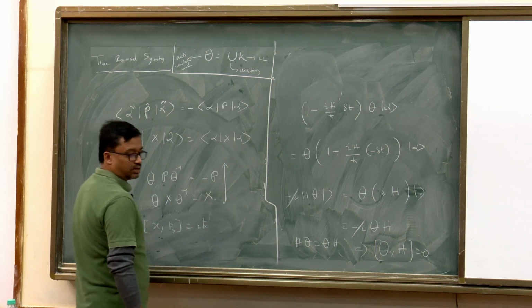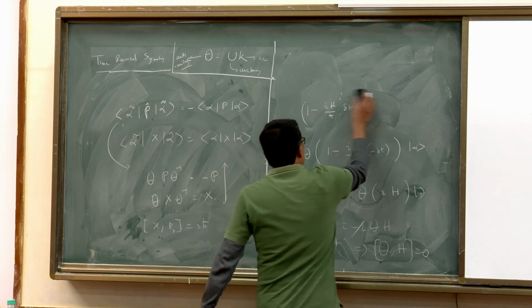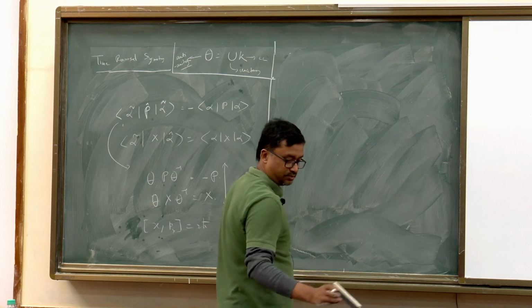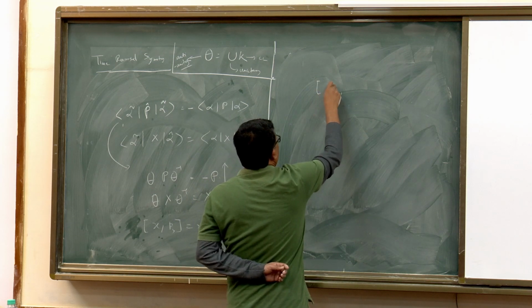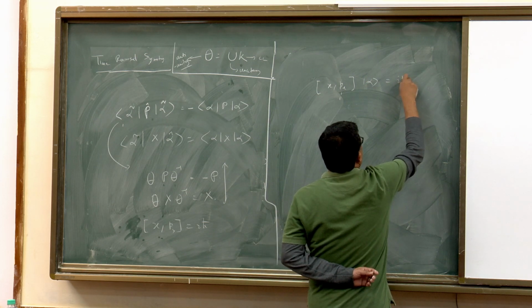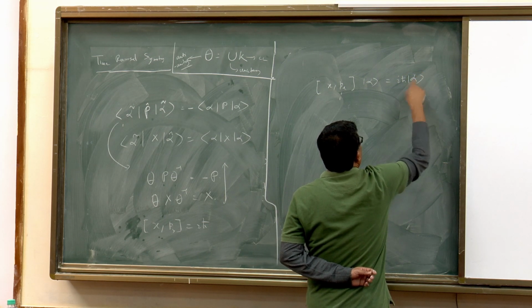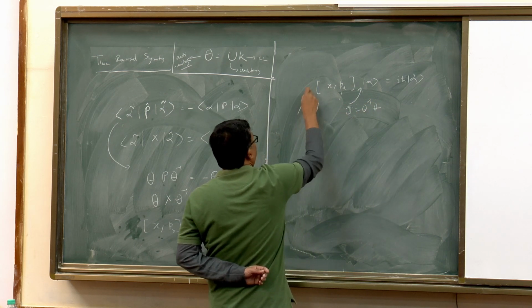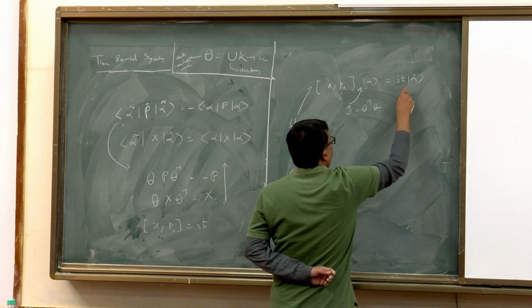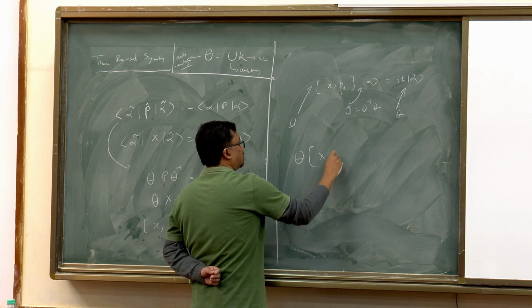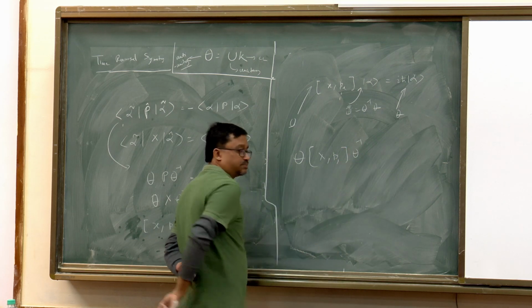So, the way you are going to approach the problem is using this. You start with this [x, p_x] acting on ket alpha equal to i h bar alpha, right, and use an identity here. So, the identity would be theta inverse theta, and then on the left you operate theta, so that you get a term like theta [x, p_x] theta inverse.